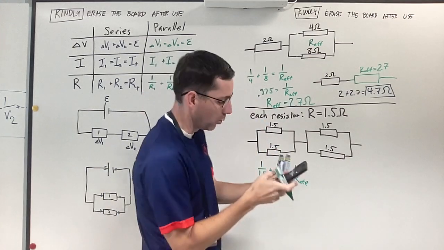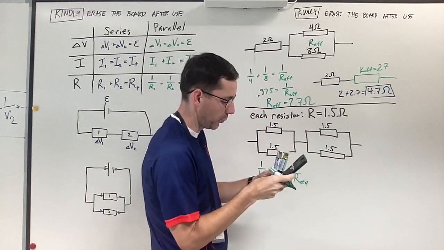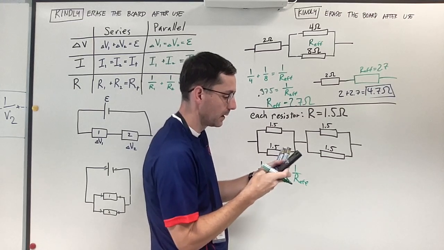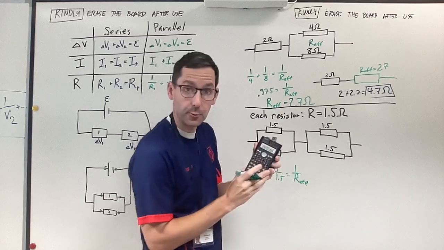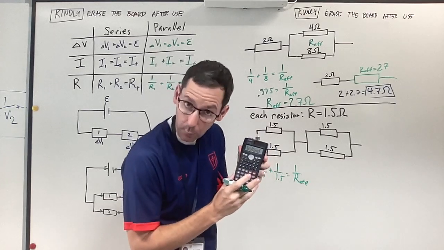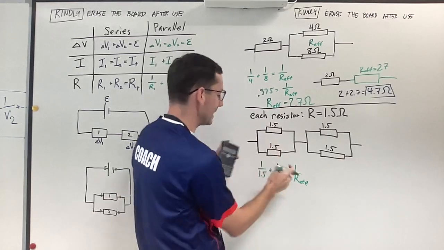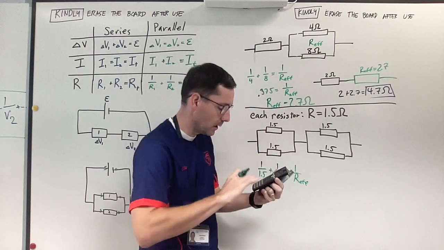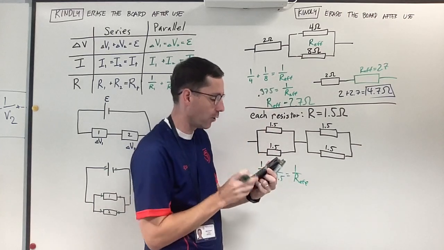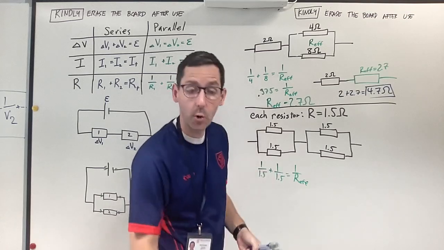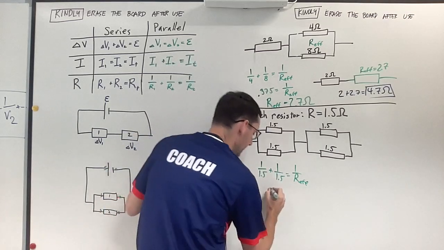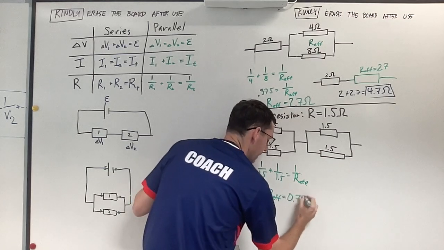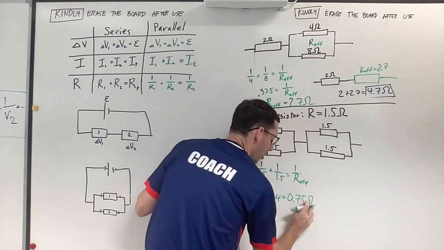And so I go 1 divided by 1.5 plus 1 divided by 1.5, and I get 1.33333333333, right? Now, remember, that is 1 over R effective, and so I need to do the inverse of that, so I'll do 1 over that, and I get 0.75. So the effective resistance is 0.75 ohms.